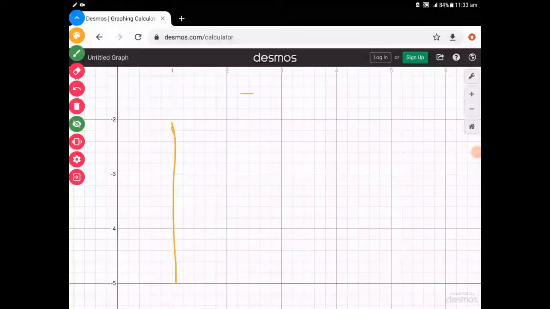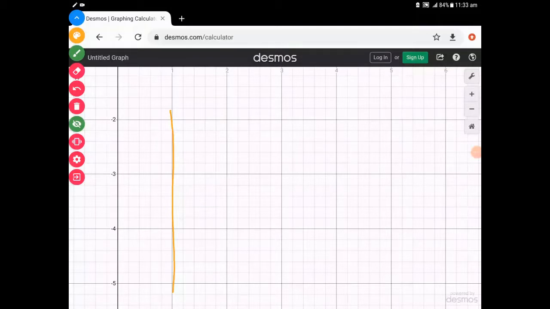We know that the slope of a horizontal line is 0. So what is the slope of a vertical line? A completely vertical line. What is the slope of a fully vertical line?